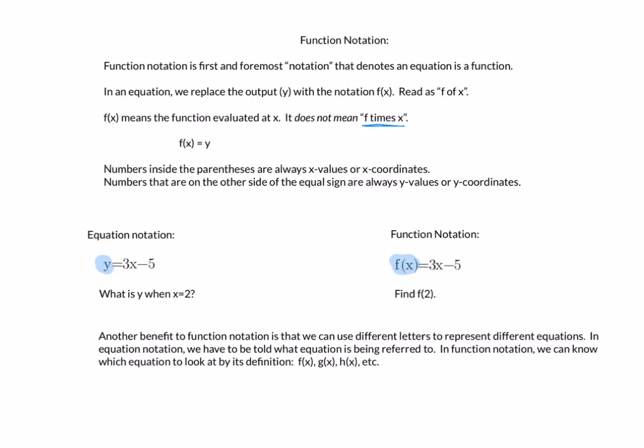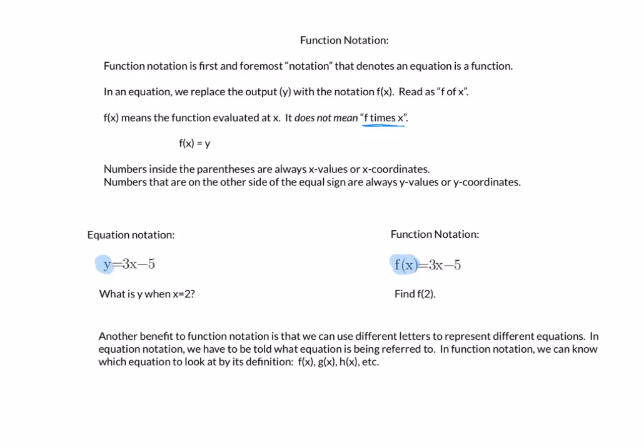Another benefit to function notation is that we can use different letters to represent different equations. For instance, I can have f of x equals 3x minus 5. I can also have something like g of x equals x squared minus 2. And we can change the f to be any letter that we want.